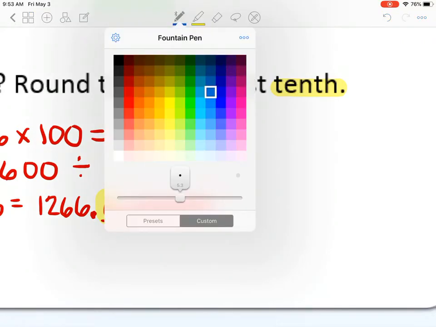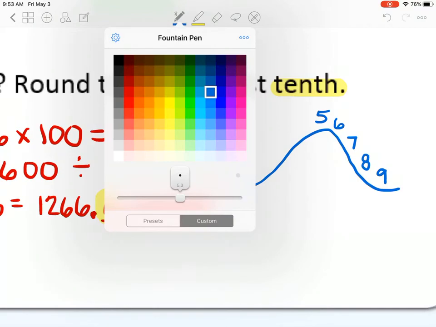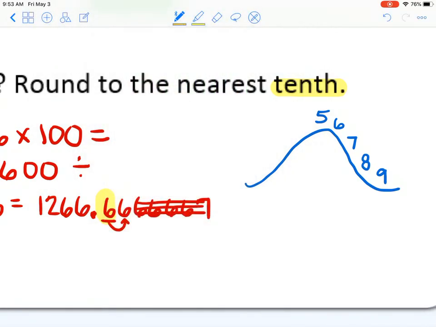In fact, no, I have room, so I won't delete it, but let me remind you of the rounding rule. If you imagine a hill with a 5 on the top, and then on the low end of the hill, I have 4, 3, 2, 1, and 0.